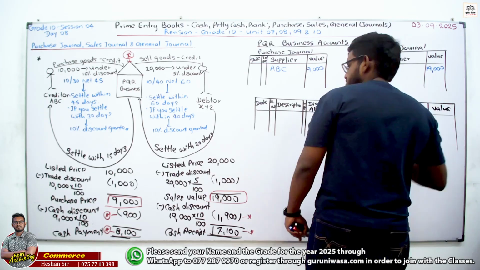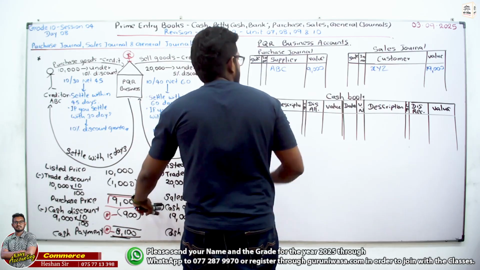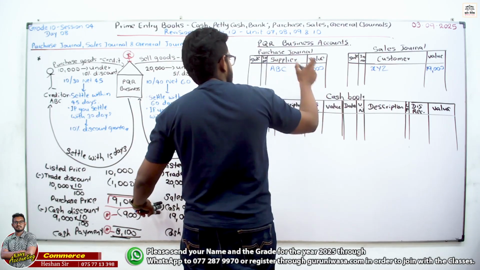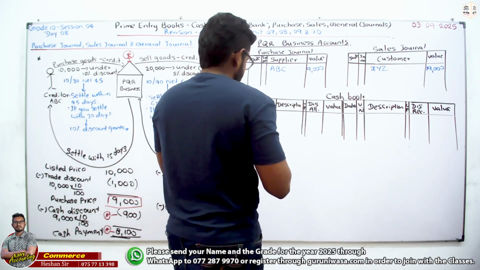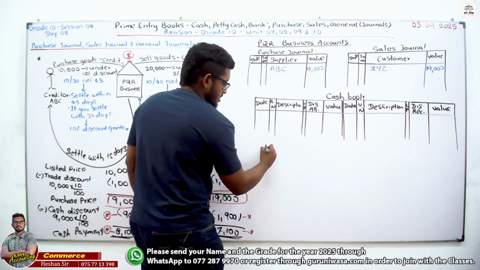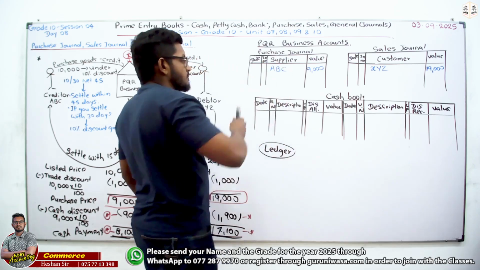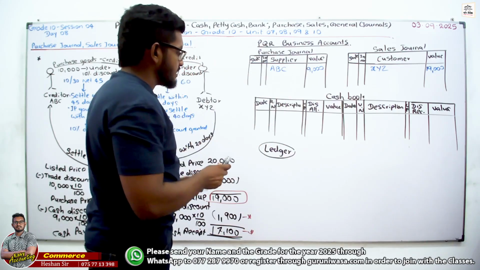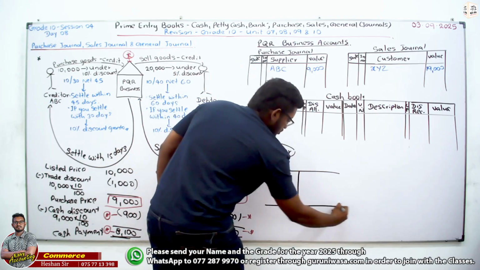Now you can see I purchased 9,000 worth of goods on credit basis. When I'm purchasing, if I take the ledger accounts, look here. Since the purchase journal performs only the primary book function, I need to open two ledger accounts.